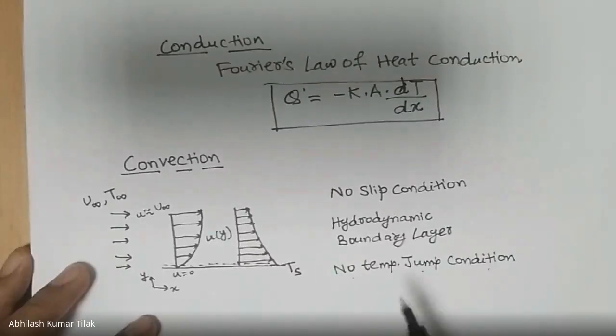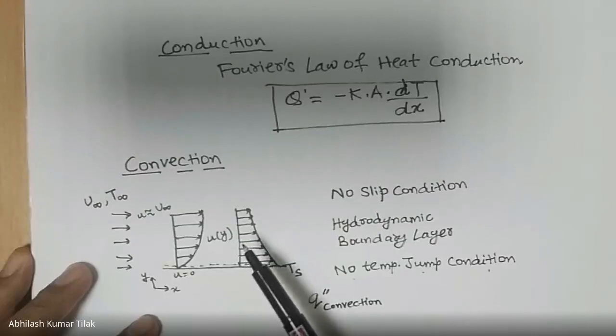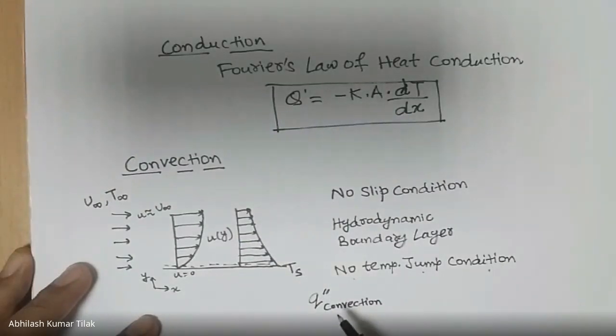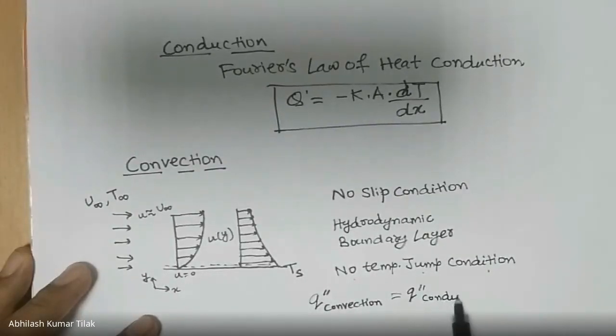Since there is only conduction in the fluid layer adjacent to the surface, I can write the amount of the heat flux which was convected away, that is rate of heat transfer per unit area. The heat flux convected away from the surface to the fluid layer adjacent to it is equal to the heat flux due to the conduction.